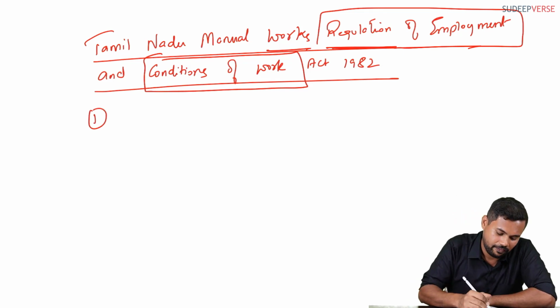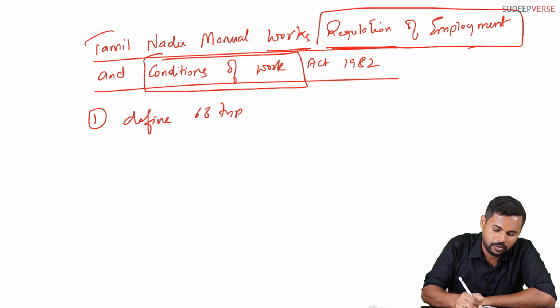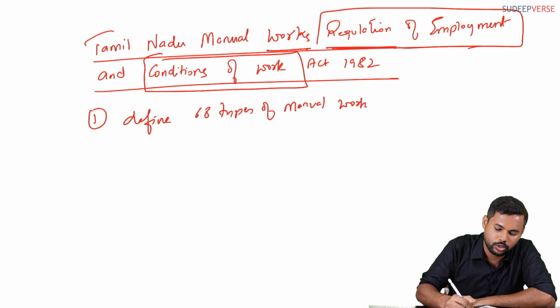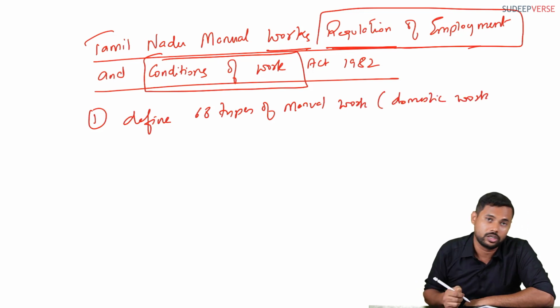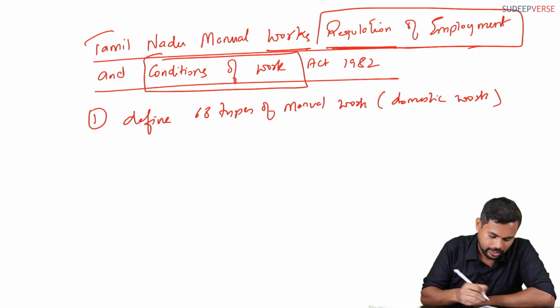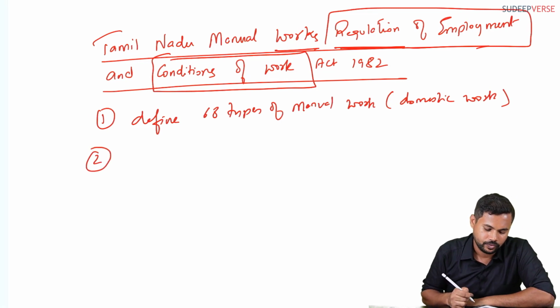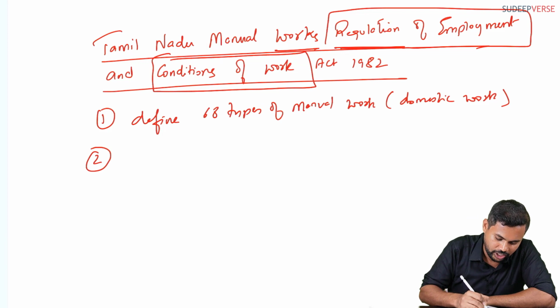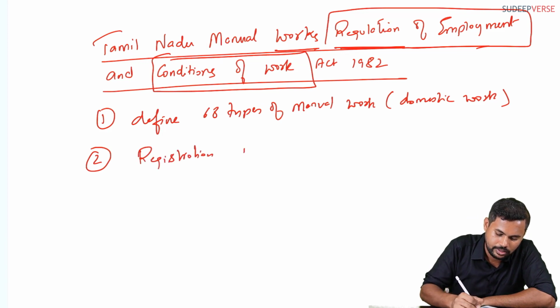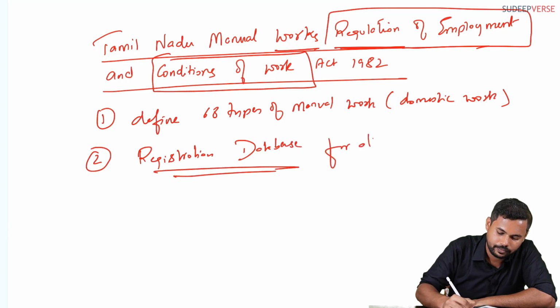Let me give you the provisions of this. One is they define 68 types of manual work, which also includes domestic work. So domestic workers are also included in this act. The second is they have a registration database for all manual workers.